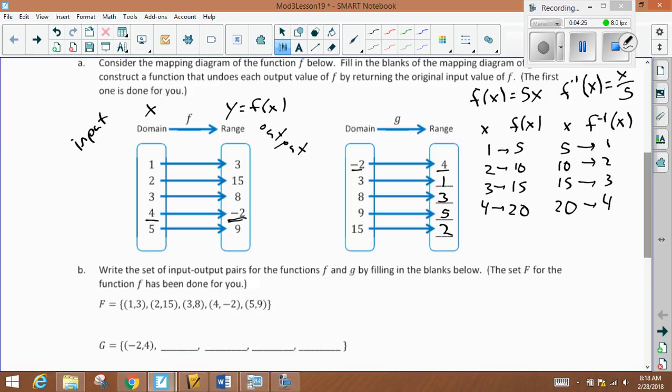It switches your domain and your range, right? For each of these, I have actually just switched my domain and my range. My output becomes my input, my input becomes my output. So I'm going to show you how to calculate that right about now.